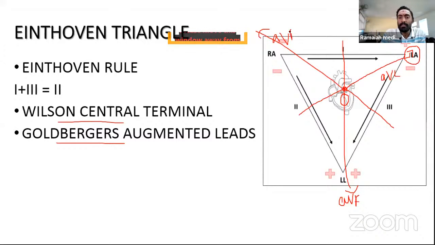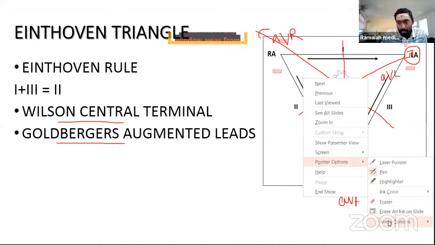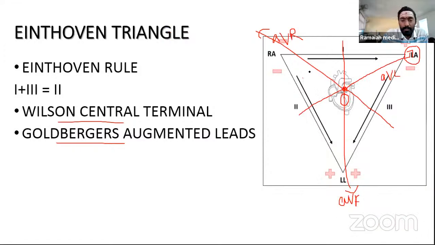So this gave us a better understanding of the entire coronal plane of the heart. If I have to describe my electrical activity, my P wave is going to be moving in this direction, as well as leftward and downward.